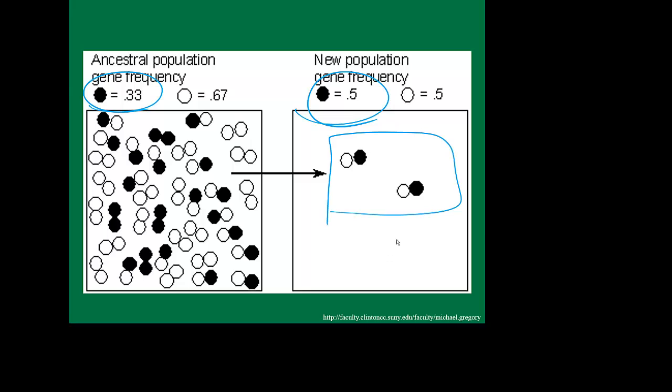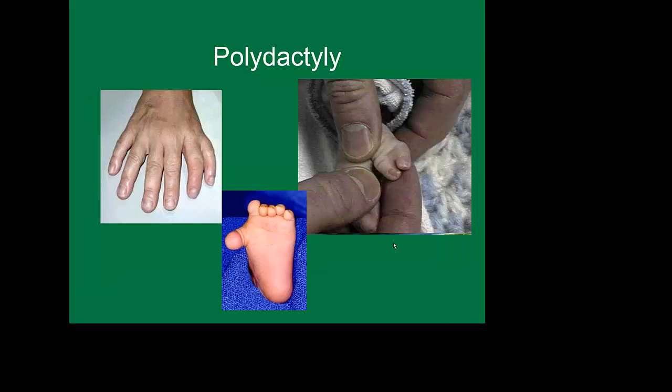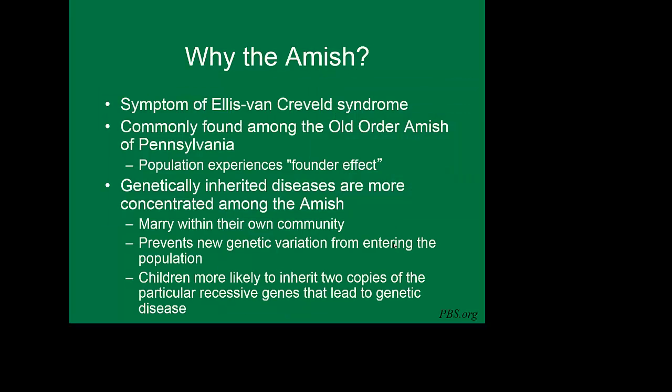This could have huge impacts on this population over the long term, right? We actually see polydactyly, as I mentioned, is a very common trait in the Amish populations. Why do you think that would be? Well, if you know anything about the Old Order Amish, they have a very limited population and tend to not marry outside of their own community. Many of you would refer to this as incestual, but what we look at is that this is a founder effect for these particular traits.